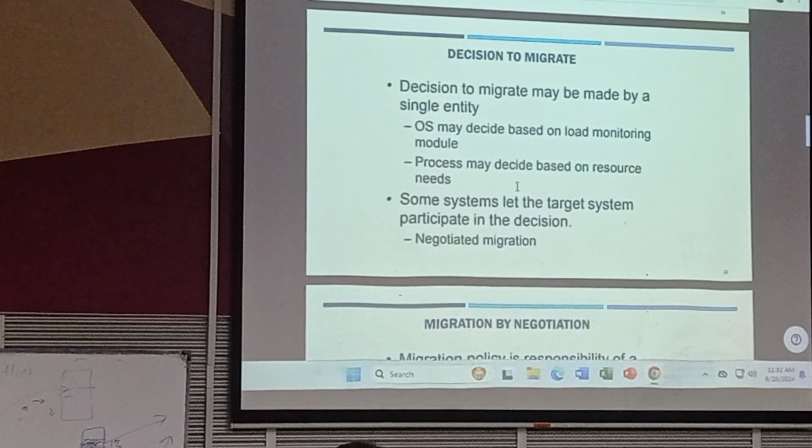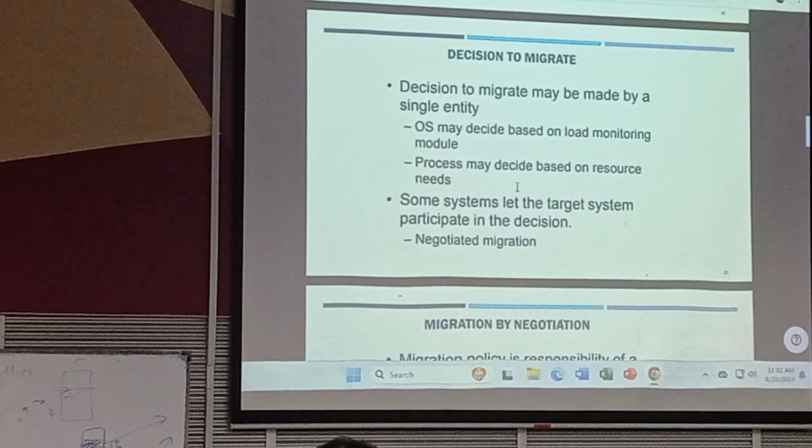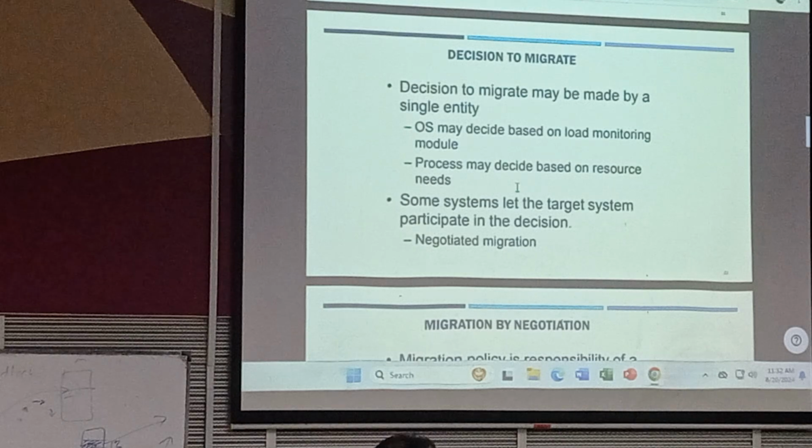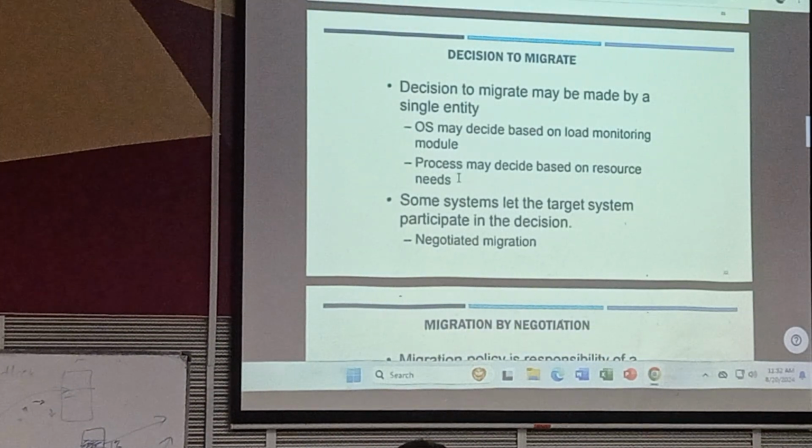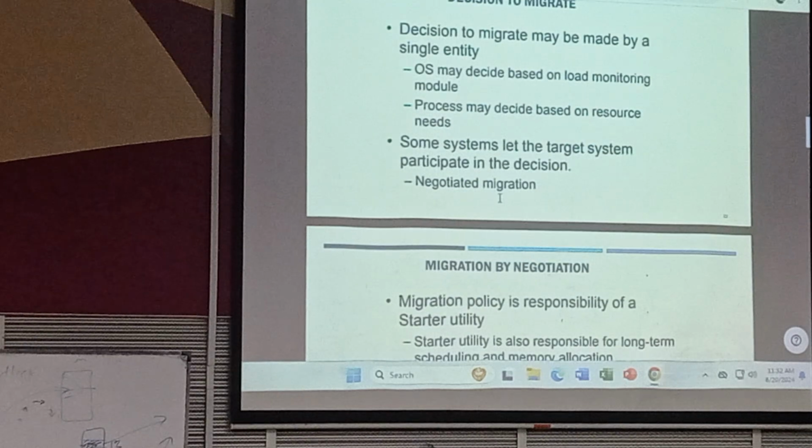Whereas for the process, it has to decide whether it has to use the resources available elsewhere. That's why it has to do migration.